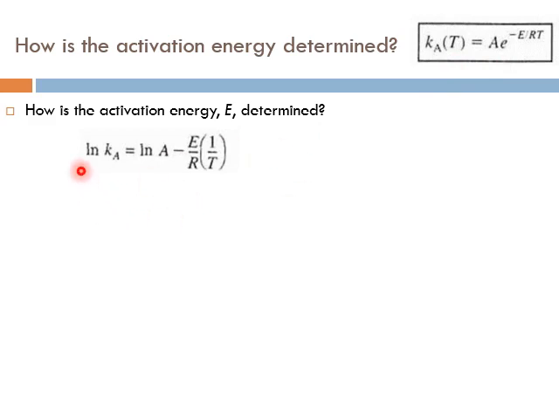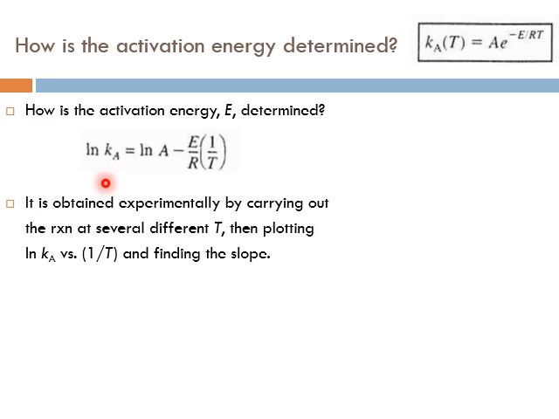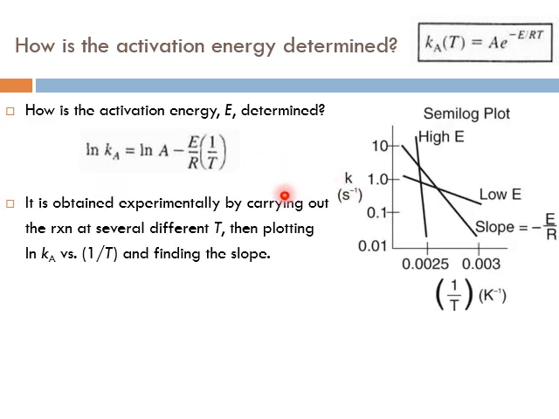Then you can say, let's plot ln K versus 1 over T. That means you have to run the reaction at different temperatures and then calculate the value of K every time, and then you can plot ln K, or K on a logarithmic scale, versus 1 over T, and then you'll get a straight line. The slope is minus E over R, and the intercept is ln A. So this is how you find the value of the activation energy.